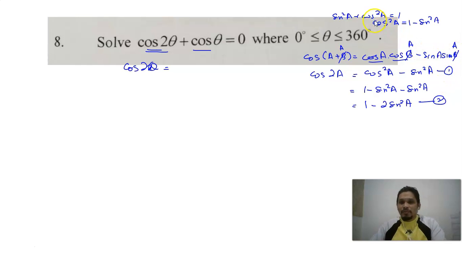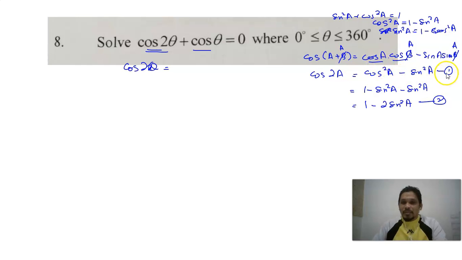And also, from these identities, we elaborate another one here, which is sin square A equal to 1 minus cos square A.